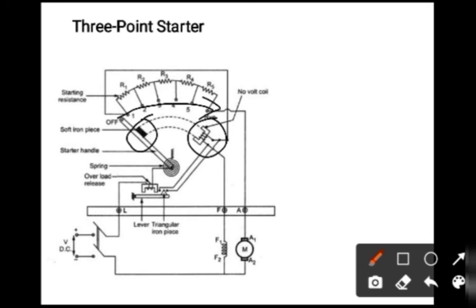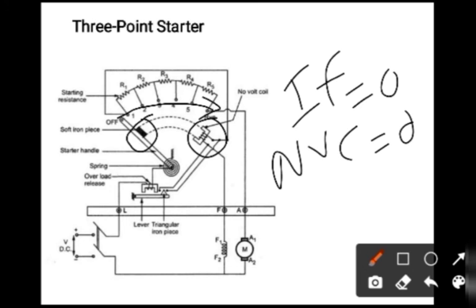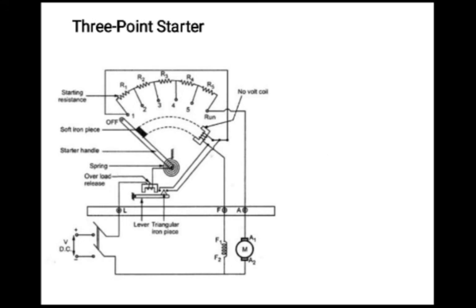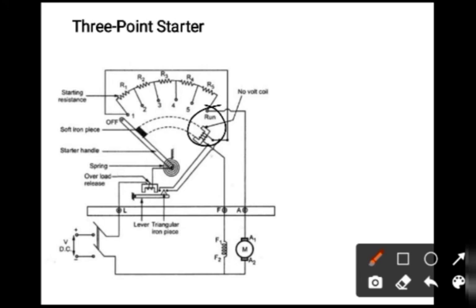But due to the open field winding, the current flowing through the NVC coil is also 0. So there is no attraction between the NVC coil and the soft iron piece. Therefore the NVC coil does not hold the soft iron piece, the handle comes to its original position, and the motor is automatically disconnected from the supply.